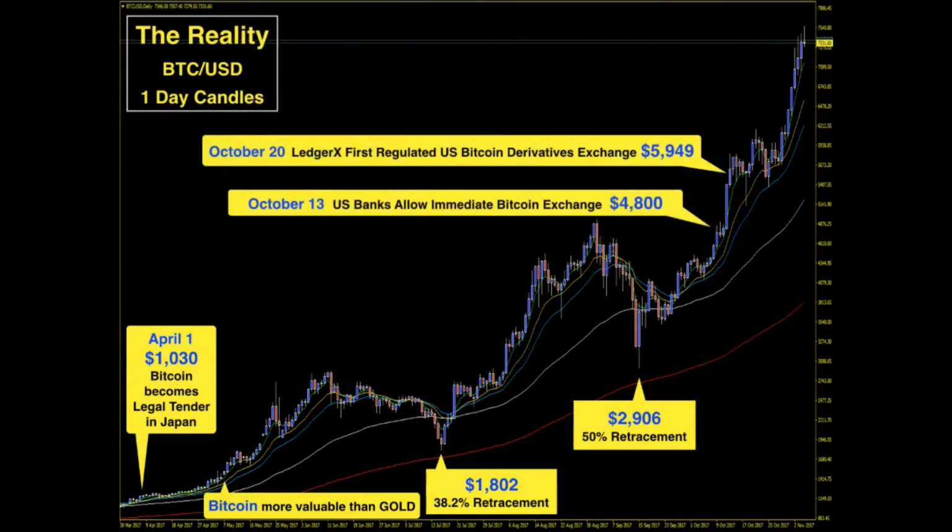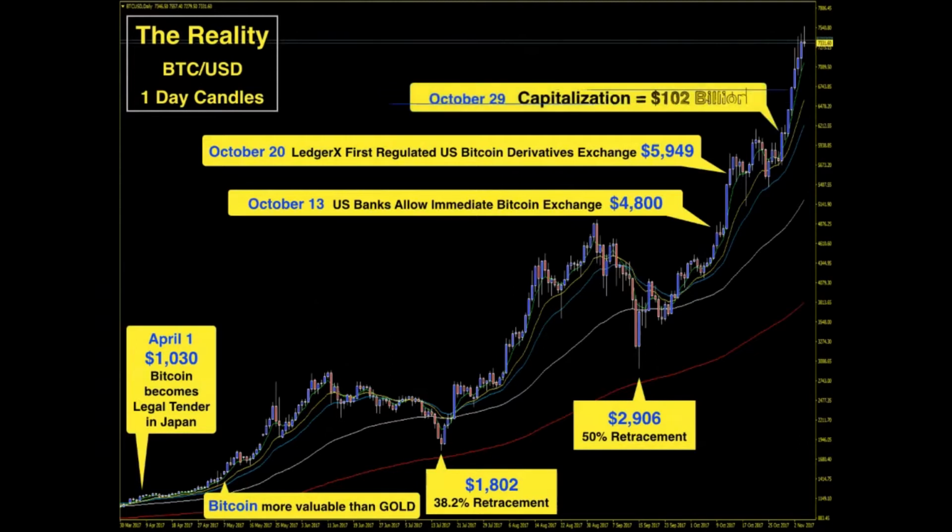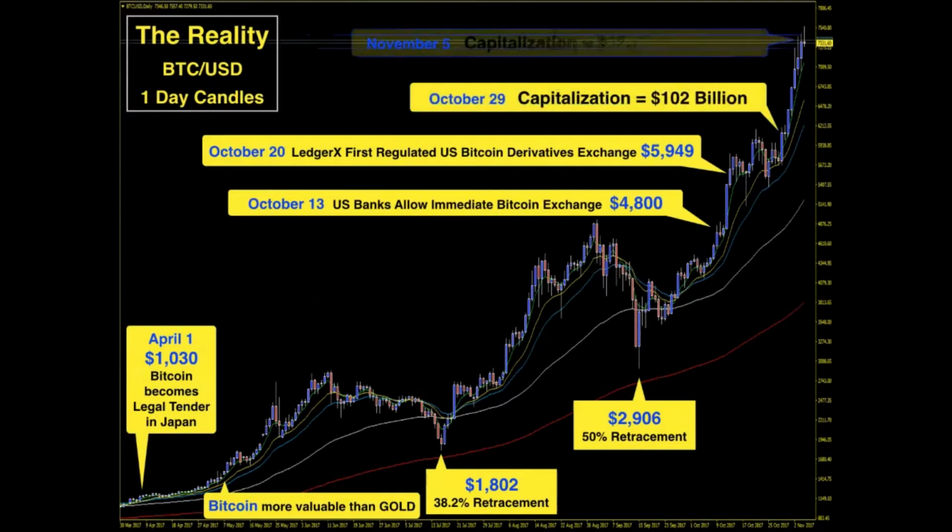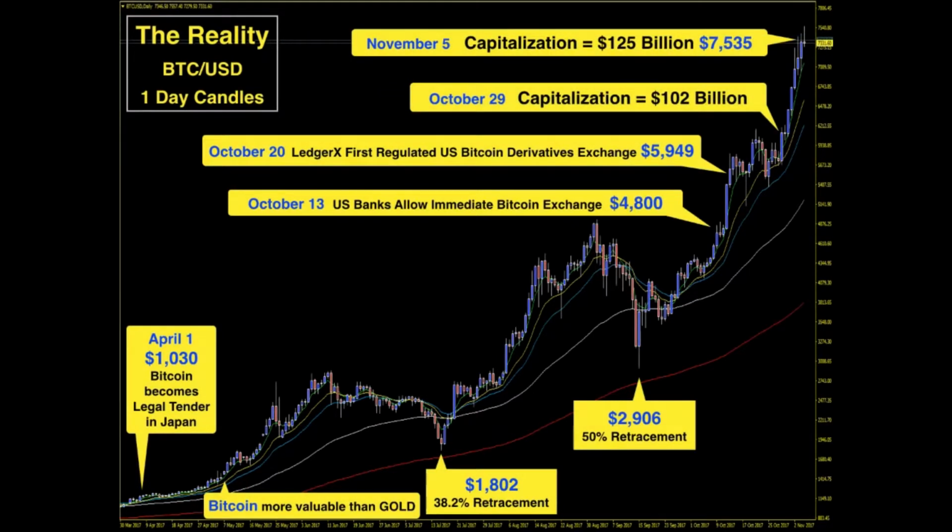It's exciting things here, right? Ledger X becomes the first derivatives exchange, capitalization, and then I ran out of space. It just kept going up to about 24,000 Canadian dollars, and it was the most exciting thing. Now it's come back down and it's hovering right at 7,005 as we physically speak.